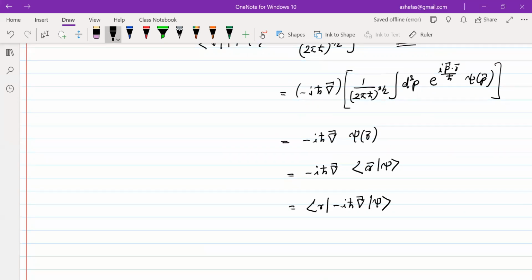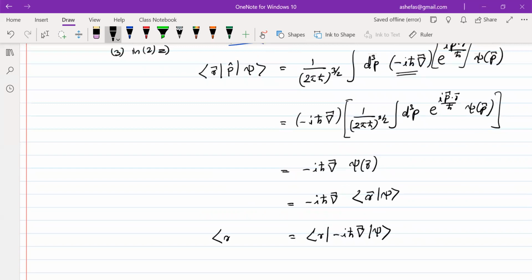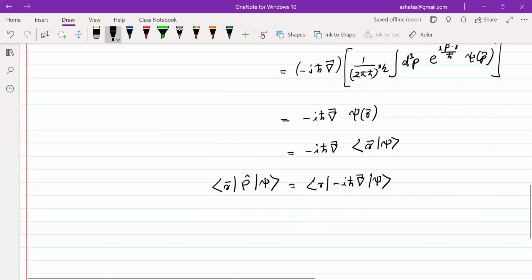Now what is the left side? The left side was the inner product ⟨r|P|ψ⟩. So this shows that the momentum operator P in general can be written as minus iℏ del.